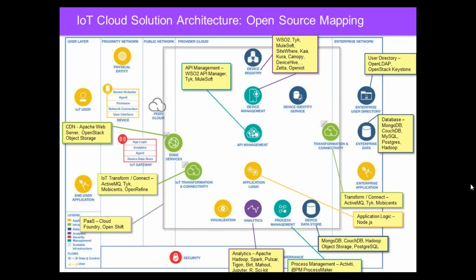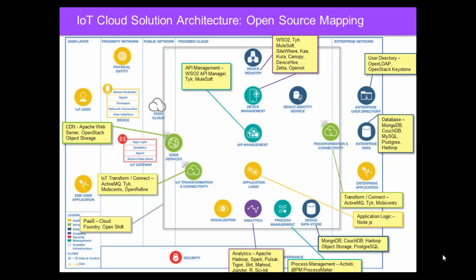For the device registry and device management capabilities, there are a number of open source packages available. We have WSO2, which has some of those capabilities, TYK, MuleSoft, Sitewhere, and so on. There are a whole series of facilities available in that area today.